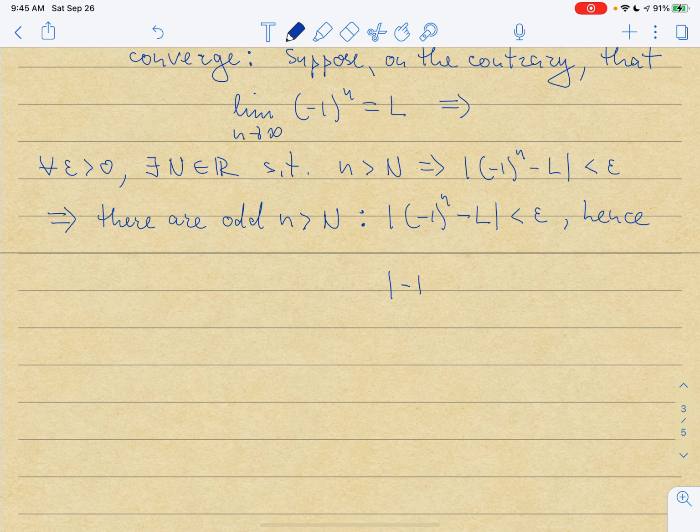So |-1 minus L| is less than epsilon. And then I can factor out minus, and after I take absolute value, minus will disappear. So this is the same thing as saying |L plus 1| should be less than epsilon.